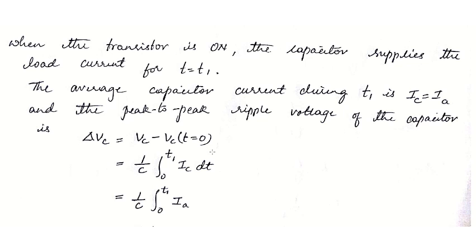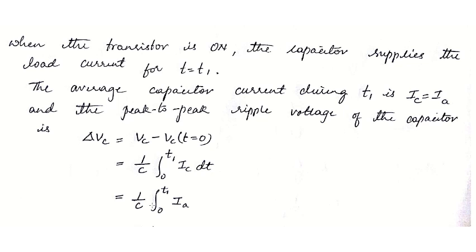So this can be taken as the capacitor voltage VC directly, that is 1 by C within the limit 0 to T1. So we will take the time duration 0 to T1 only, wherein the voltage can be written in terms of the capacitor current IC with respect to dt.